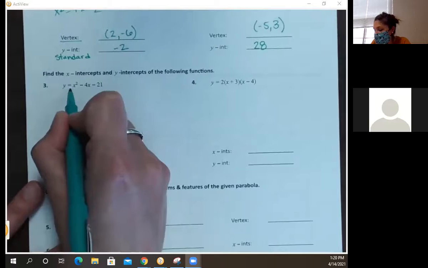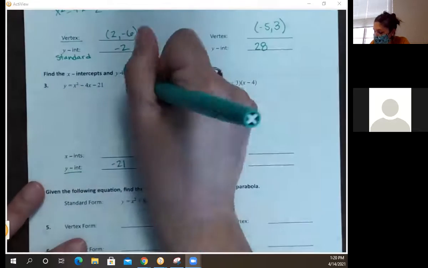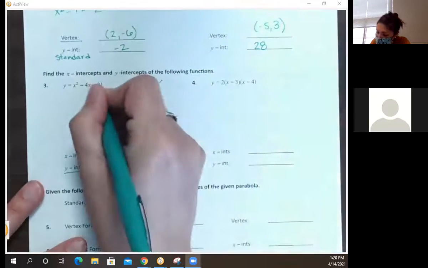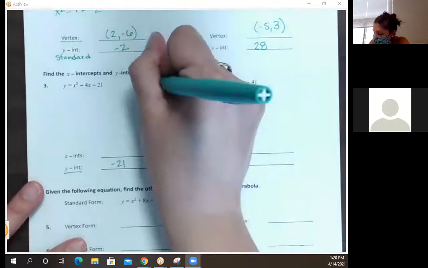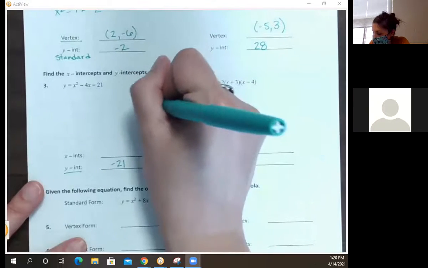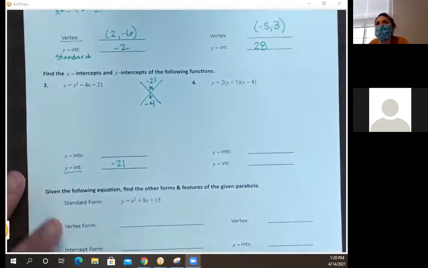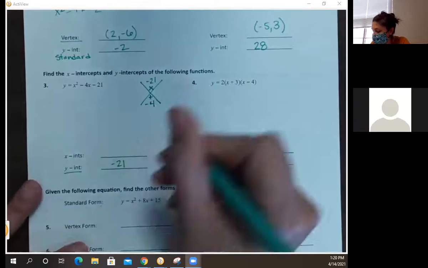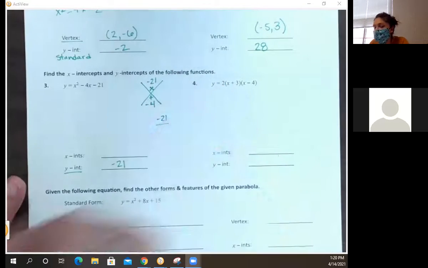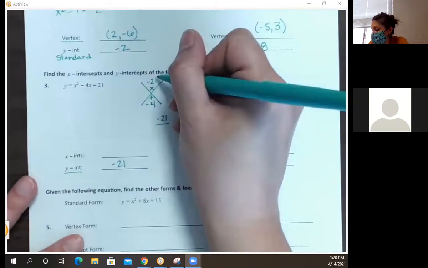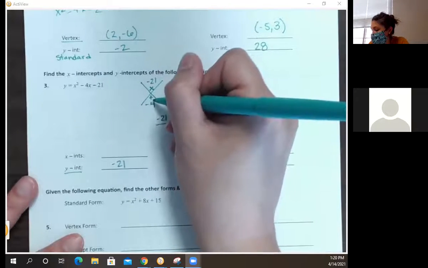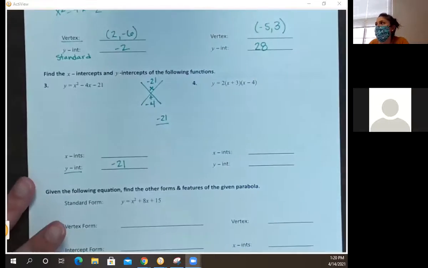Since I don't have any number hanging out in front of the x-squared term, that means I'm just looking for factors of c that add to b. The other day, I had a few people say that they preferred that sort of x setup that Delta Math gave you. If you prefer the list that I normally did, that's fine too. Either way, I'm looking for two numbers that multiply to give me negative 21, but add to give me negative 4.